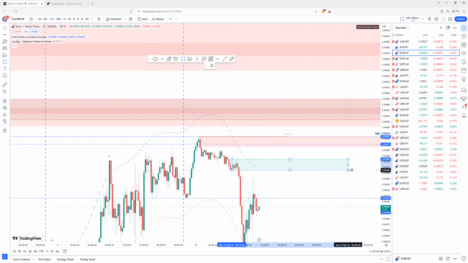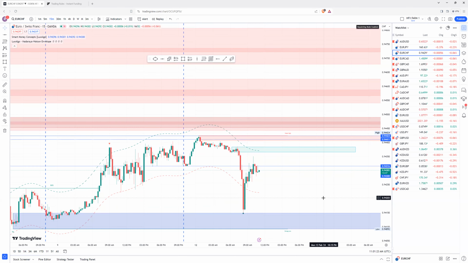This might also be one of the good order blocks, because after pulling up right here, this order block made the supply come down. Because this is supply and demand: going up is demand, coming down is supply.